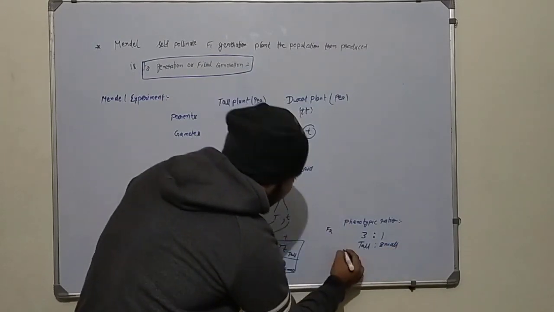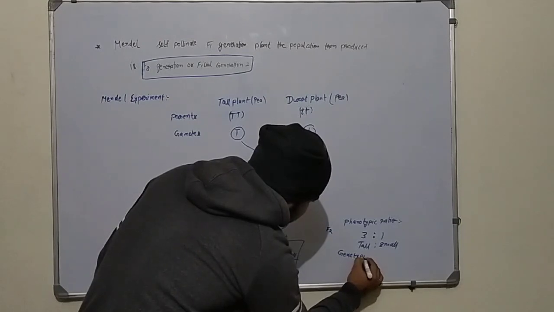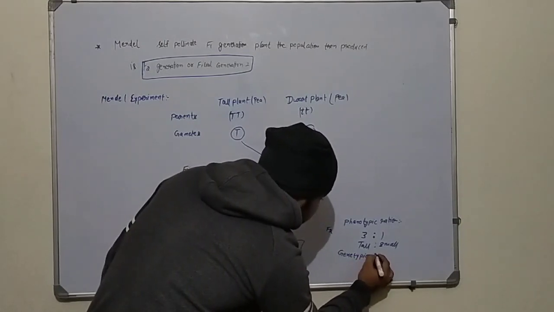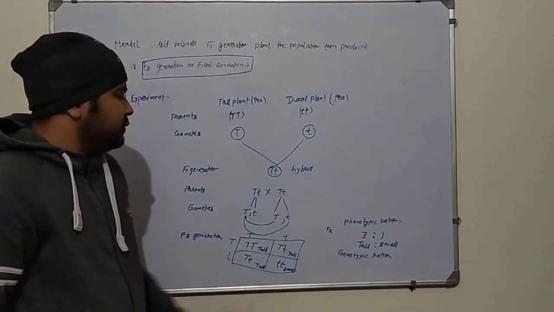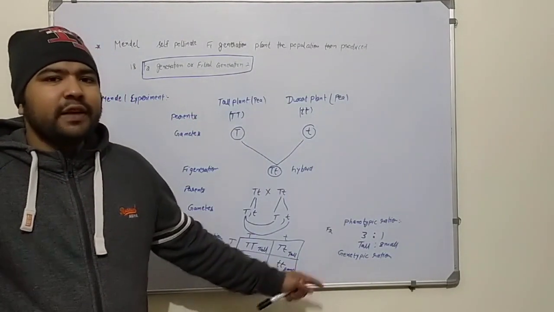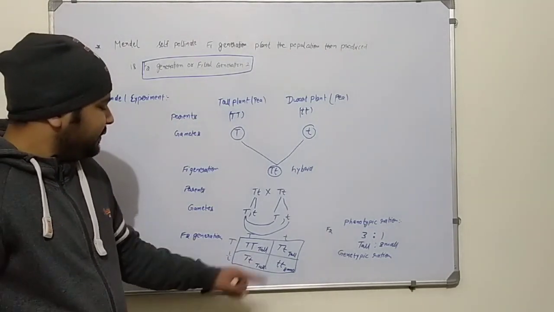And the genotypic ratio is, what is genotype? Genotype is the sum of the genes present in it.